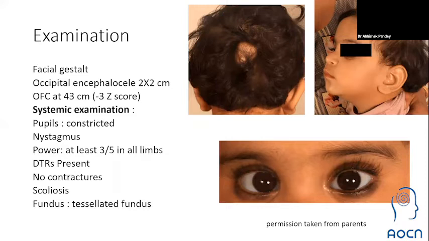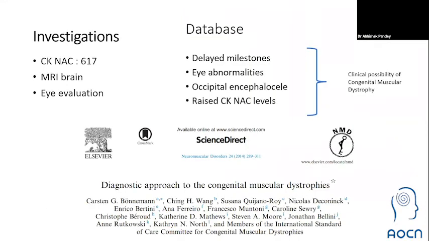prompted us to go ahead with a CK-NAC, which was high in this case, 617. So the constellation of symptoms was delayed milestones, eye abnormalities, occipital encephalocele, and raised CK-NAC levels. We thought we were probably dealing with something to do with muscle, along with involvement of the brain and some ocular abnormalities.